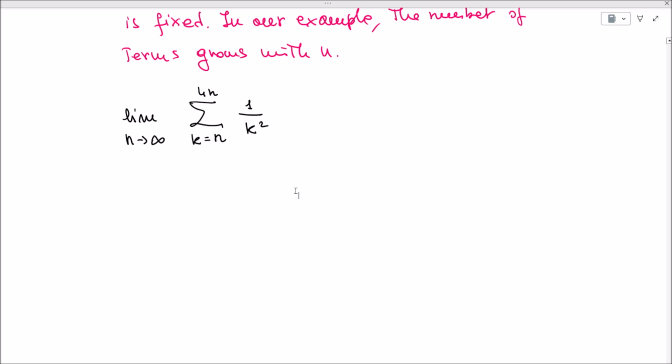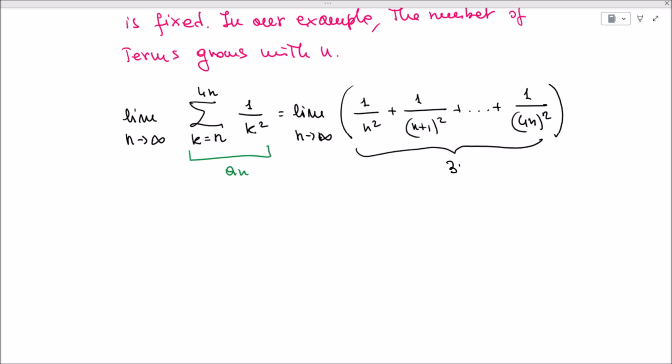And we saw that this limit, let me rewrite, is the limit as n goes to infinity of, well, the first term is 1 over n squared, then we have 1 over n plus 1 squared, plus dot dot dot, 1 over 4n squared. And we saw that we have 3n plus 1 terms. So what we can say is that for this sequence an, well, this sequence is made of all positive terms, so certainly this is larger than or equal to 0.